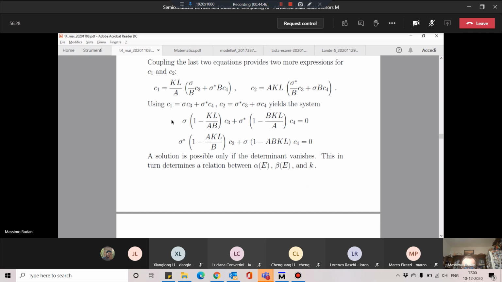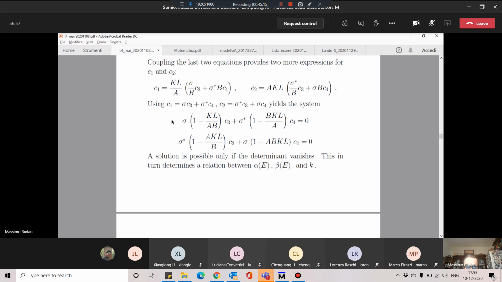So you remember that in order to solve the homogeneous system, we must impose that the determinant of the coefficients is 0. Okay? And by imposing that the determinant of the coefficients is 0, we find a relation between alpha, beta, k, etc., between the parameters that are involved in the problem.